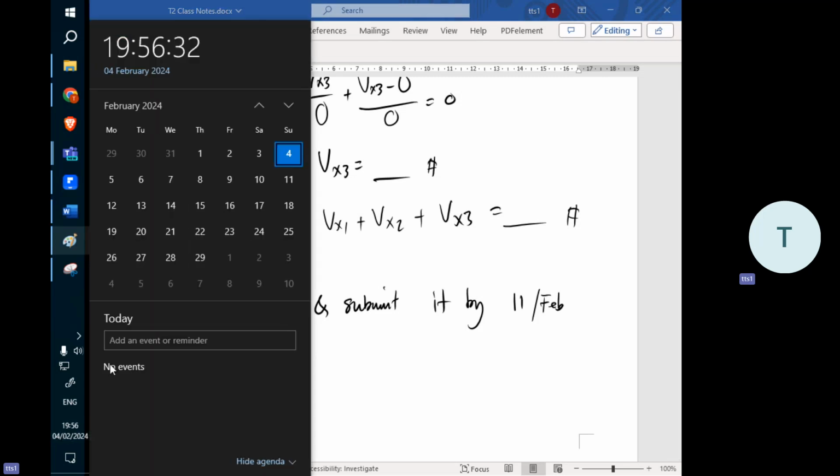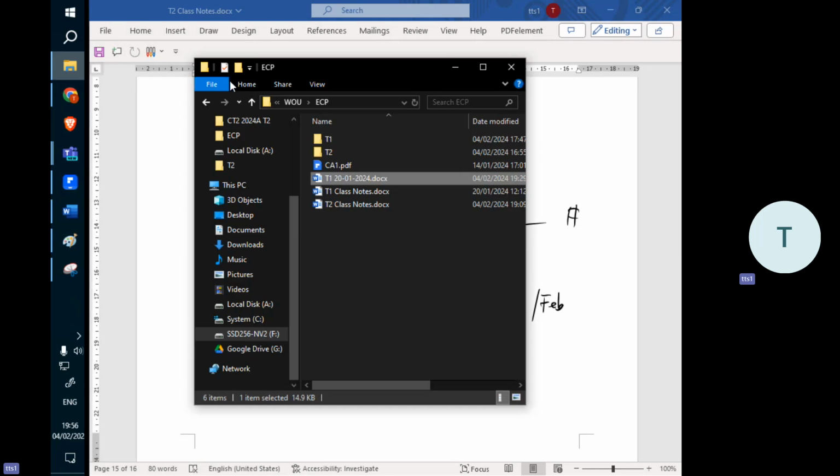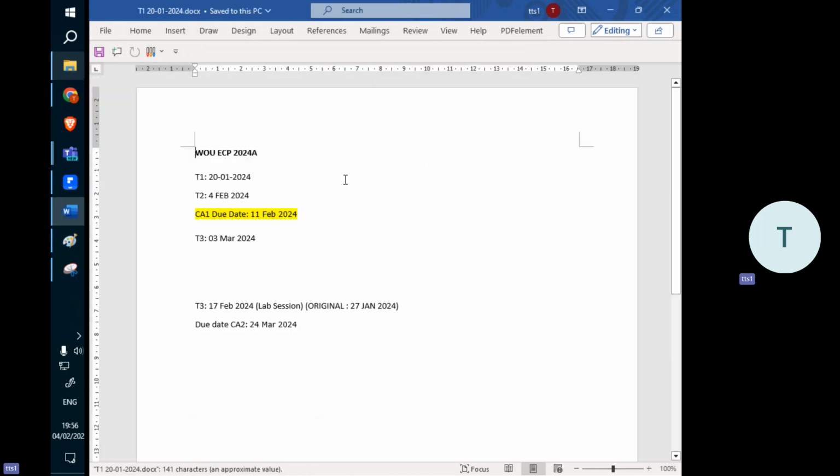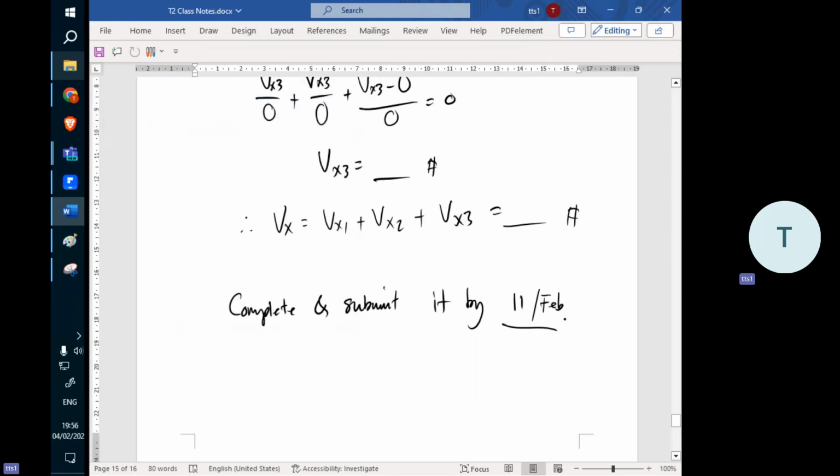I remember 11 February is a Sunday. Let's go back to the notes again. Yeah, 11. Before the end of Sunday, you need to submit it.